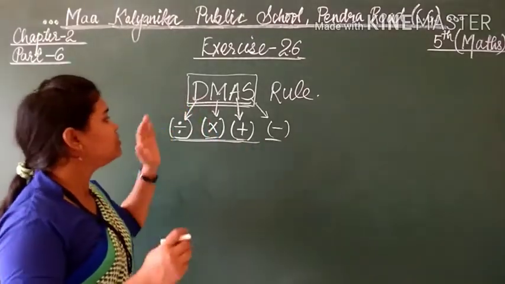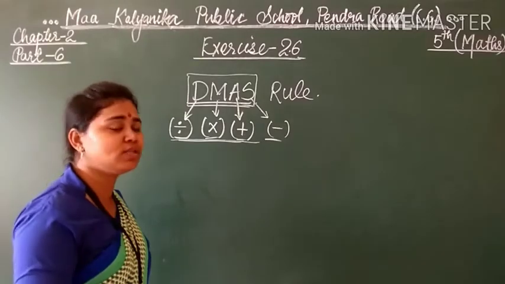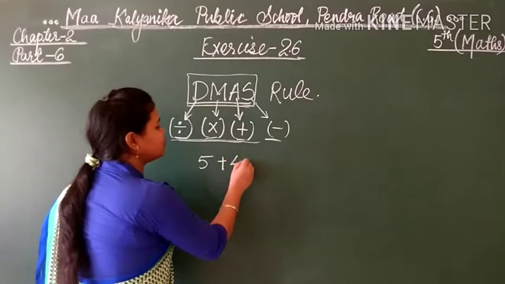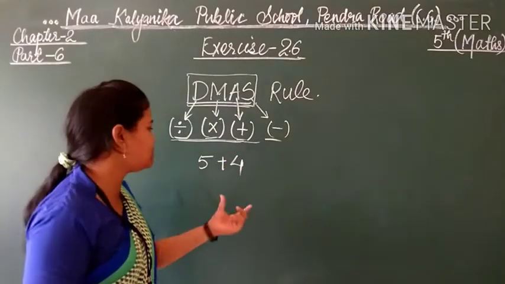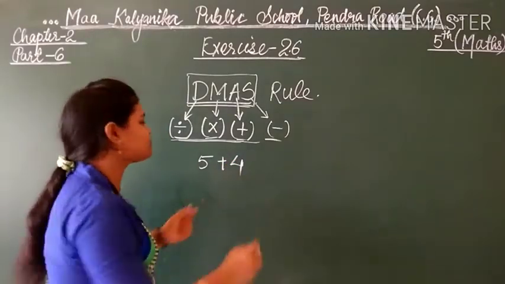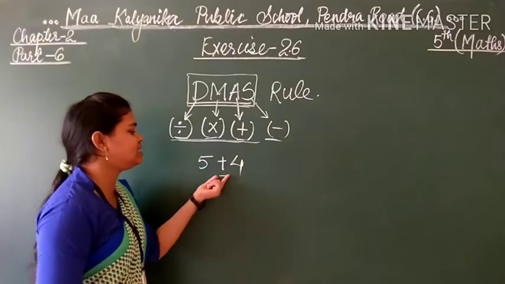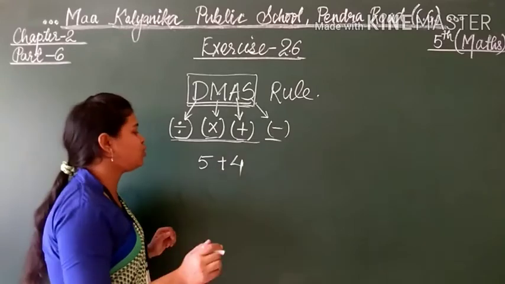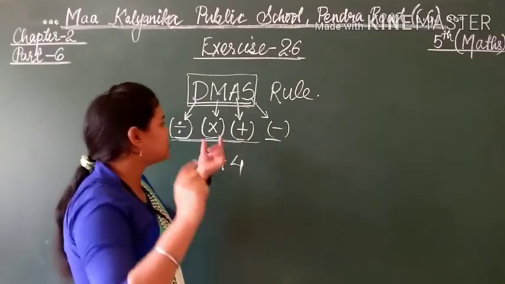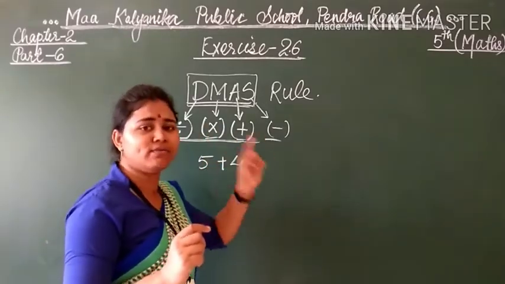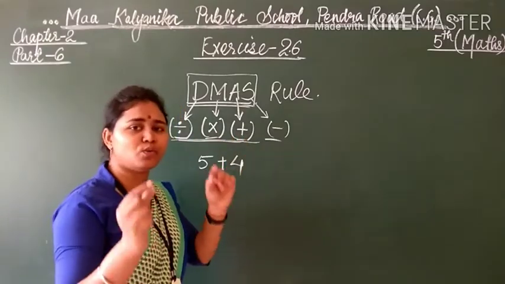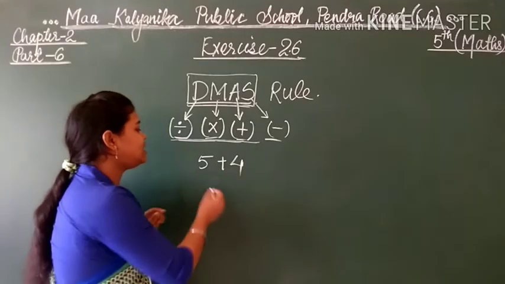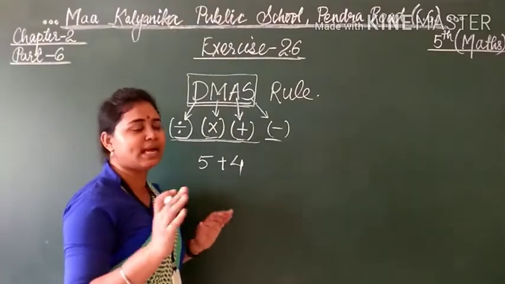Students, for this you should know one more thing. For example, 5 plus 4. Two numbers are given and one sign is given here, that is the plus sign. You should know that for the signs plus, minus, multiply, divide, any one of them, the number is present and before that number the sign is present.